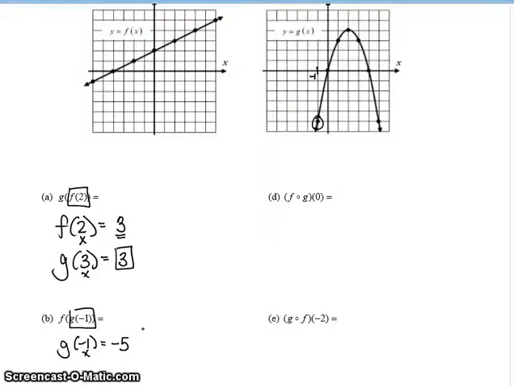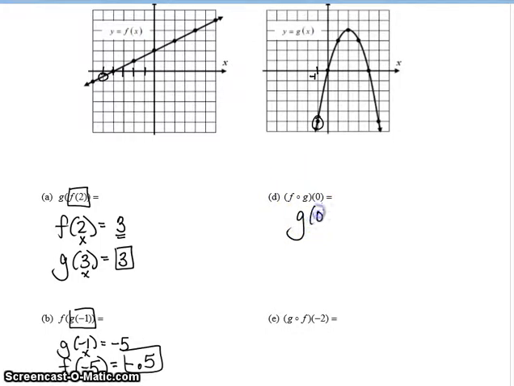Now I'm going to take that result, which is negative 5, and I'm going to go to a negative 5 on the f function. So 1, 2, 3, 4, 5, and I'm right there, which is negative 0.5. So that's my answer. I'm down negative a half.